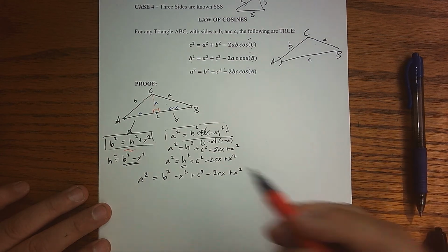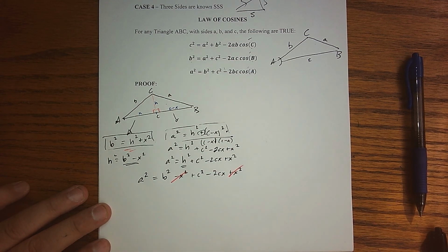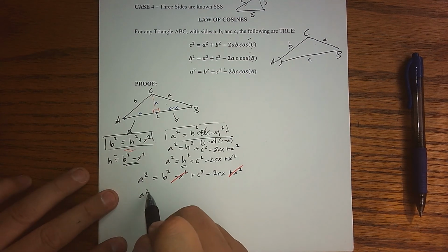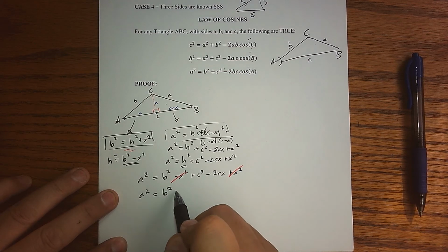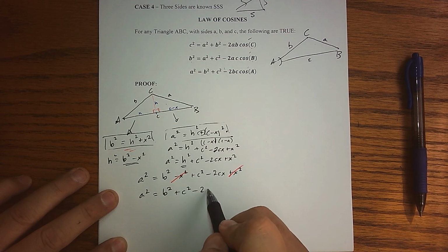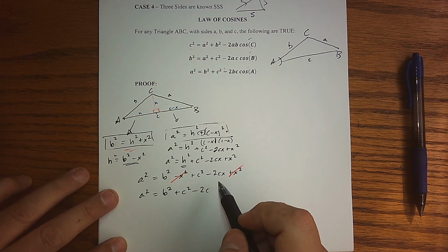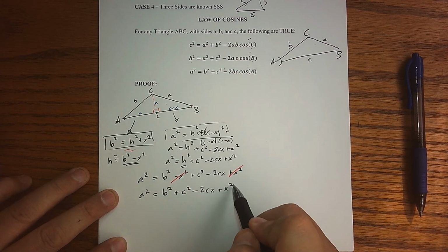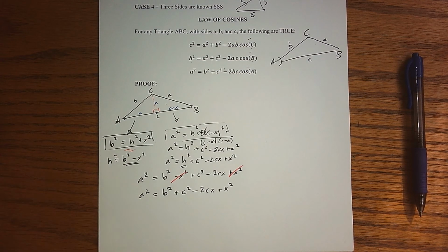And with that replacement, the x squareds now cancel out, and at this stage of the game, we're left with a squared equals b squared plus c squared minus 2cx. All right, so far so good.